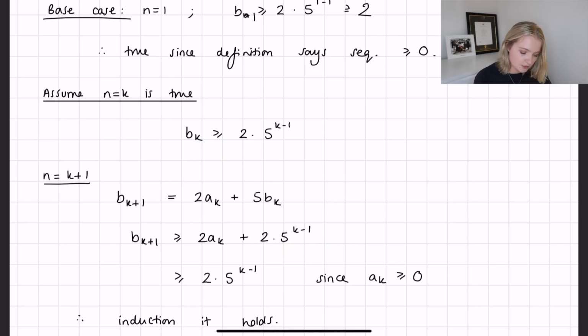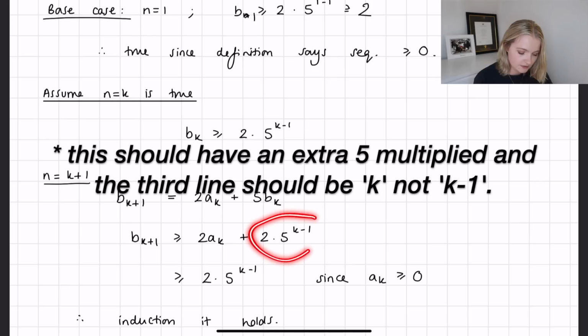So essentially we just substitute bk in for this, and therefore we have this formula here. And then quite rightly, because ak is a sequence, that's always going to be greater than or equal to 0. And so we can say that this is always greater than or equal to 2 multiplied by 5 to the power k minus 1. And so by induction it holds.